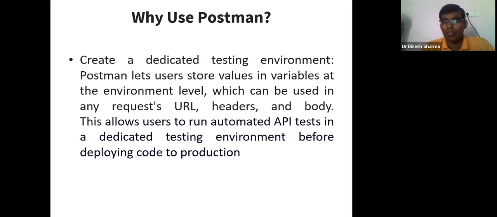The first thing you have to check is the API, because with the help of API you are inserting data in the database, deleting data from the database, searching data in the database, and updating data in the database. These four important operations you perform with the help of API. This is the reason API testing is most important before publishing an application on the web server.